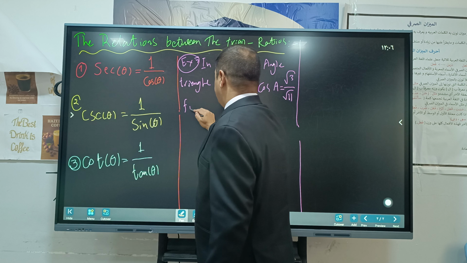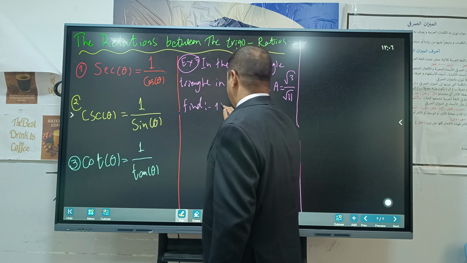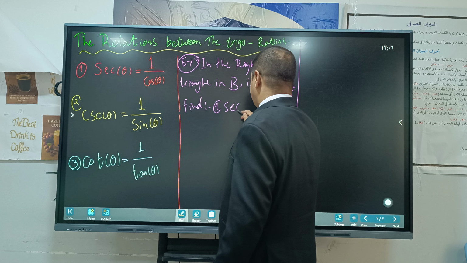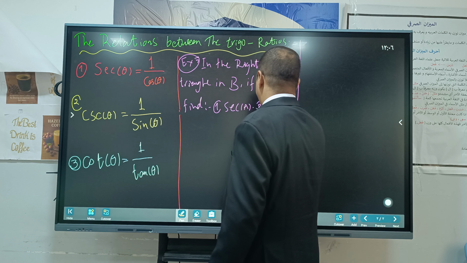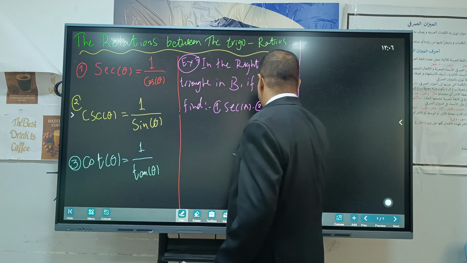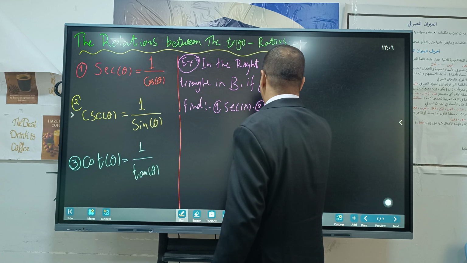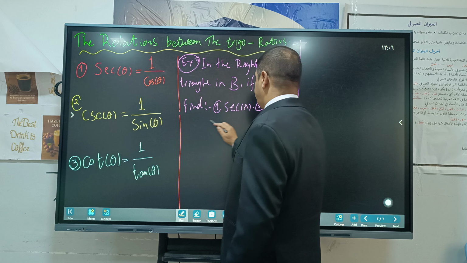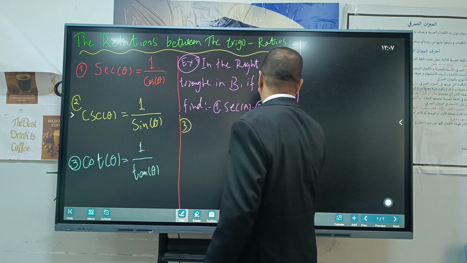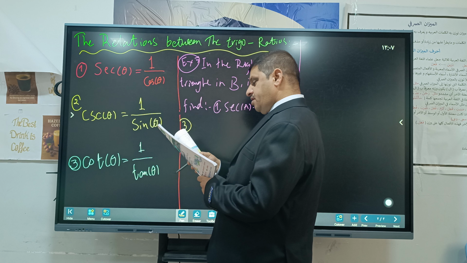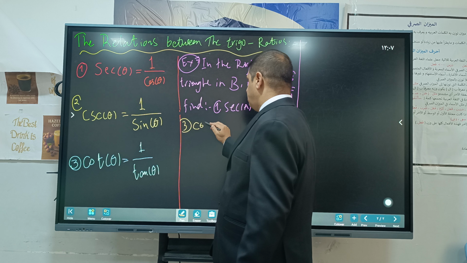Find number 1, secant of A. Number 2, cosecant of A. Number 3, cotan of A.